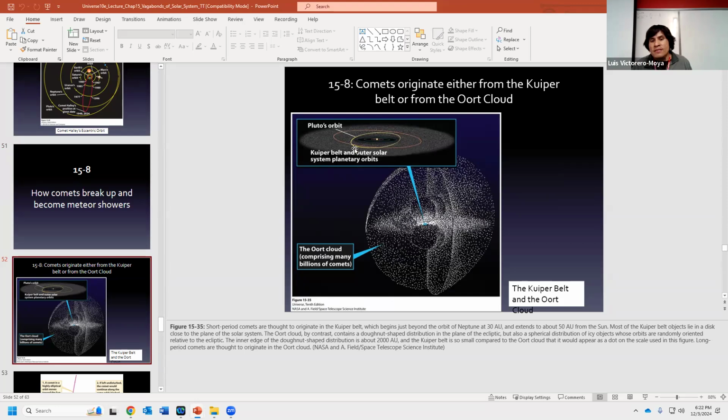So Pluto intersects the Kuiper belt. And then you have the Oort cloud, which is a more spherical cloud of icy objects way beyond the orbit of Pluto, in the boundaries of the solar system. Okay. So these are the two places where we can find icy objects that eventually become comets.